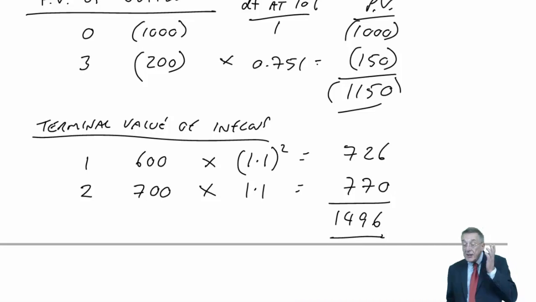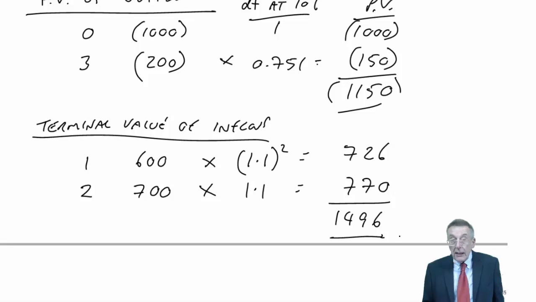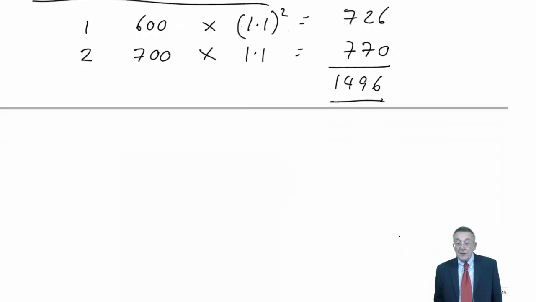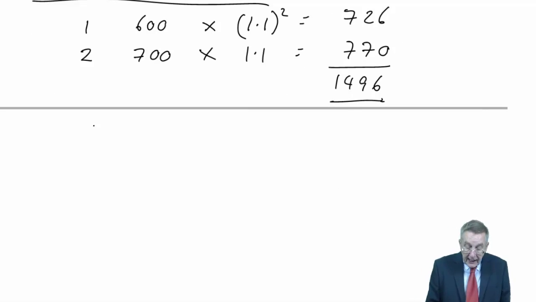Now, I don't want to waste your time. I did say there's an alternative. That didn't take long, but if you had a whole stream of numbers, the other way you can get it is if you work out the present value first of all.